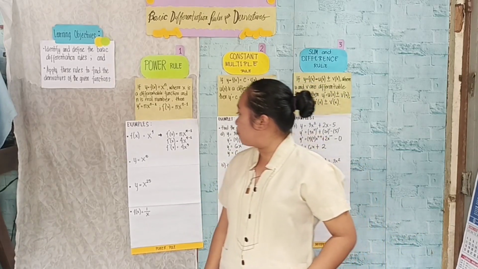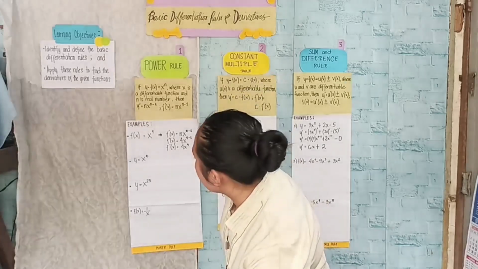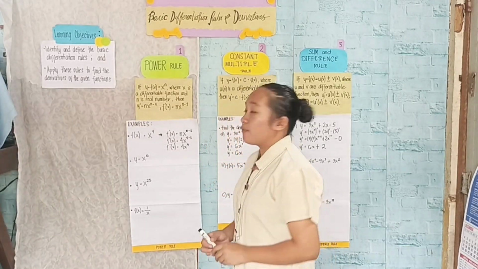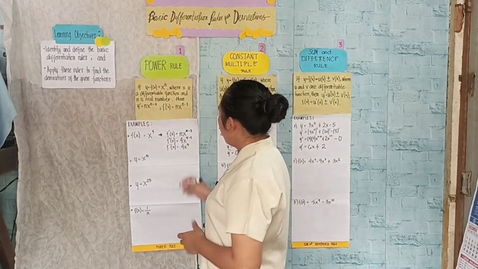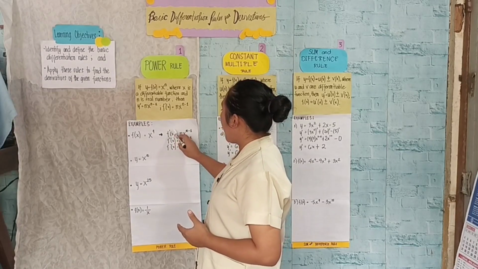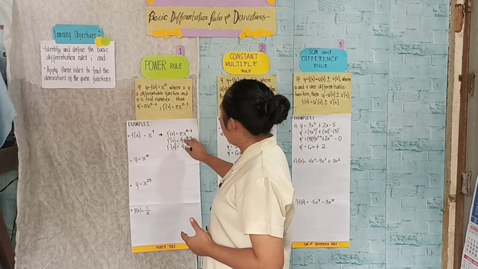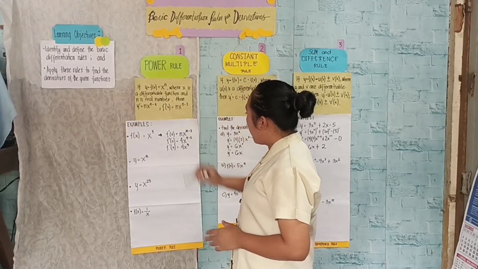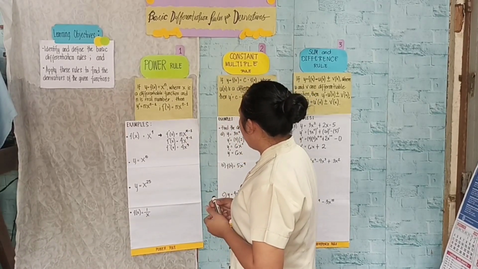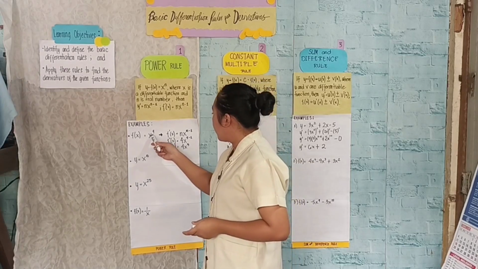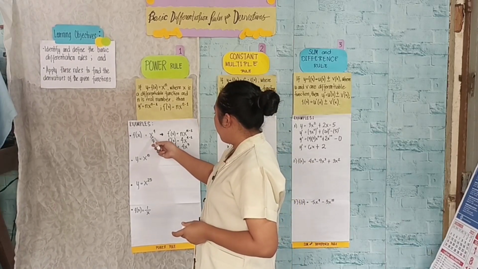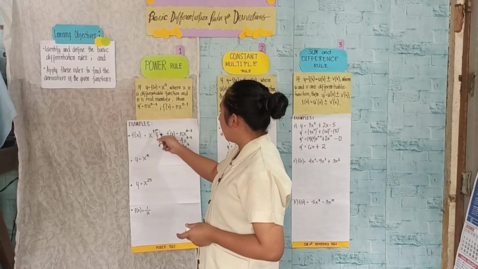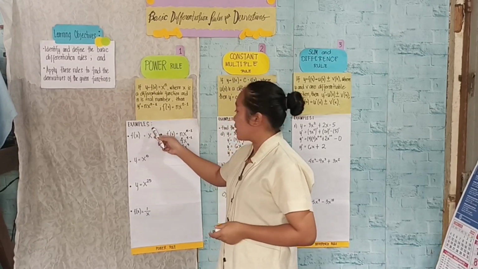So, we have an example here. f of x is equal to x raised to 4. So, the process is f prime of x is equal to n times x raised to n minus 1. Let us identify that x here is our variable and n is our exponent, which is 4.